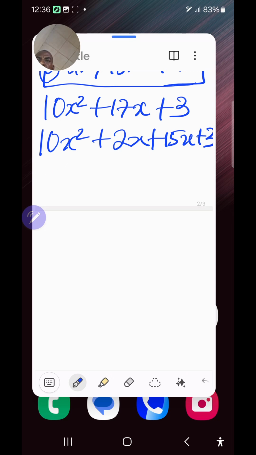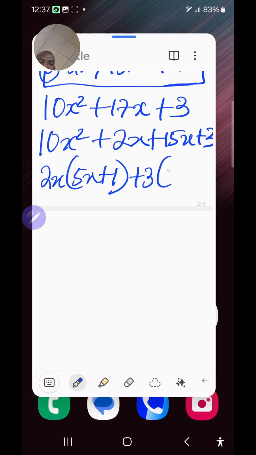The common factor there: we have 2x times (5x plus 1), plus 3 is common with (5x plus 1).